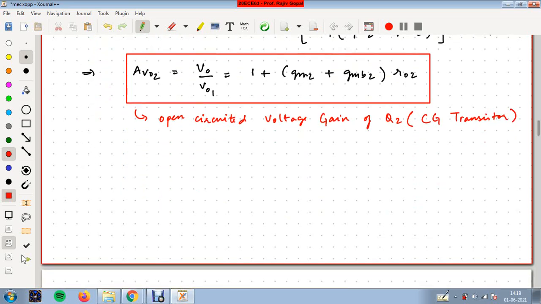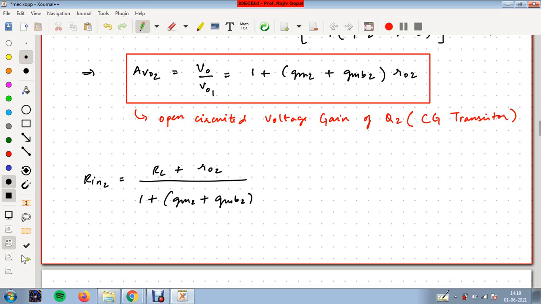So if I go back to the earlier equation of R into, let me write that again. R into is, we got it as RL plus R02 divided by 1 plus GM2 plus GMB2 into R02. So split this equation.